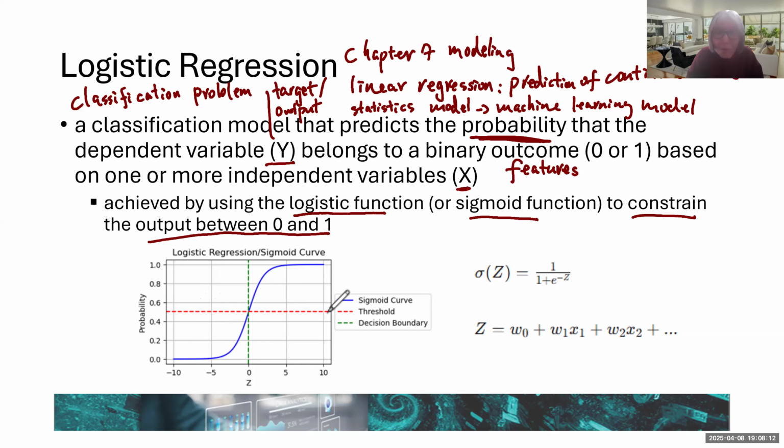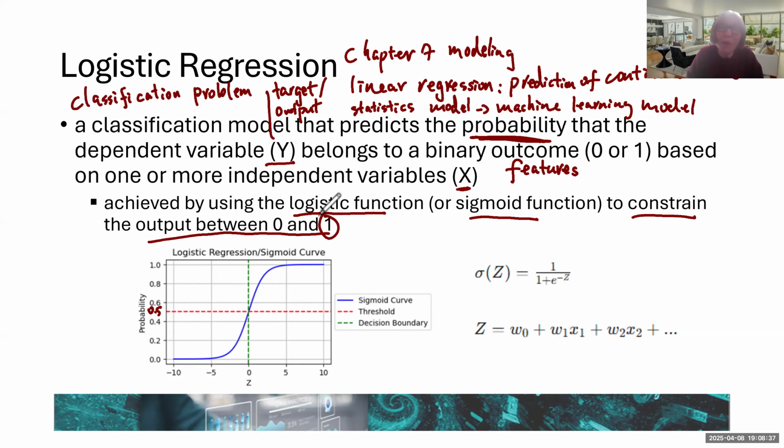And because it's a probability, here we set up the threshold. So threshold is 0.5. So if the probability is above 0.5, then you will just think, okay, the output is going to be 1. Okay, because the output for the classification is either 0 or 1.